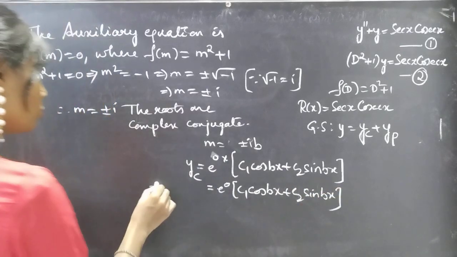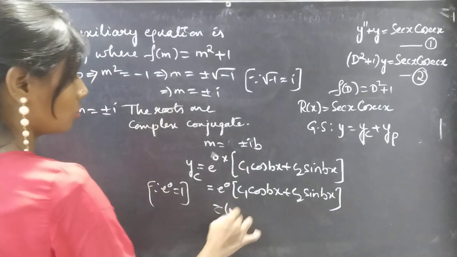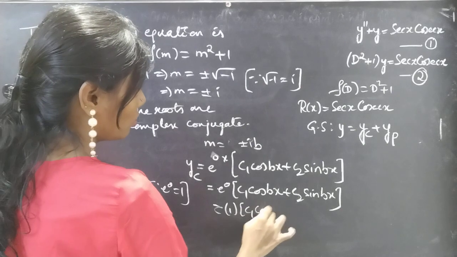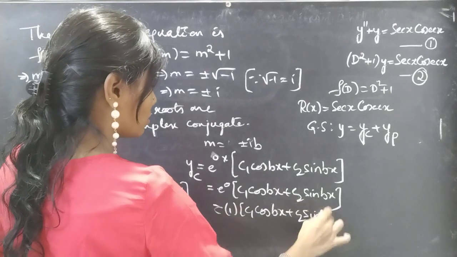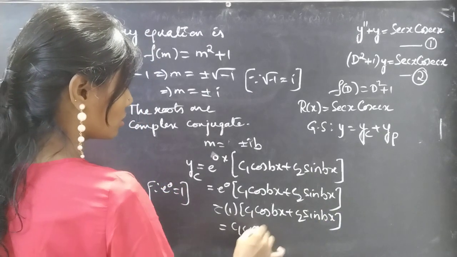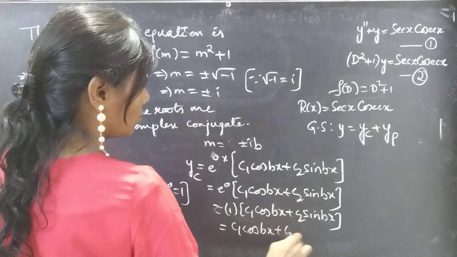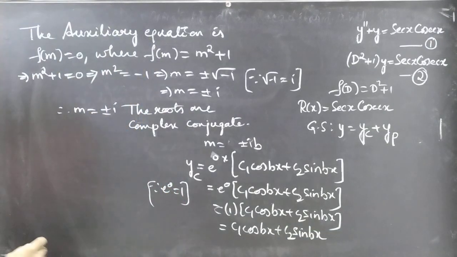Since e power 0 is 1, we'll get c1 cos bx plus c2 sin bx. Let's now write the complementary function to our problem.